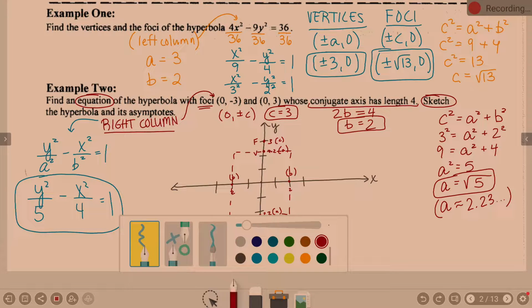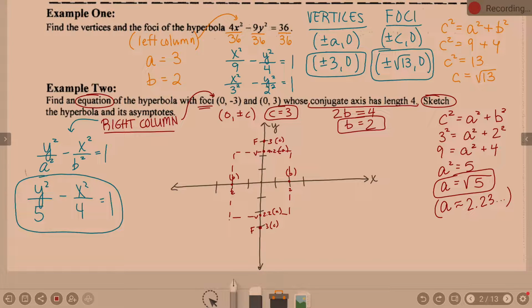I'm going to try this light gray and see how I like that. It needs to go through the corner of the box, and it needs to go through the center, which in this case was 0, 0. That's one asymptote. It goes through diagonal corners of the box and through the center, 0, 0.